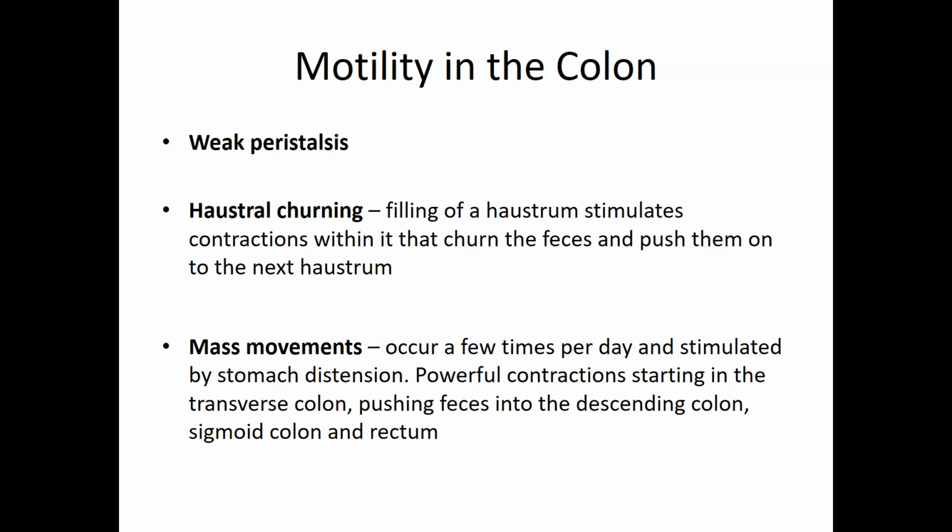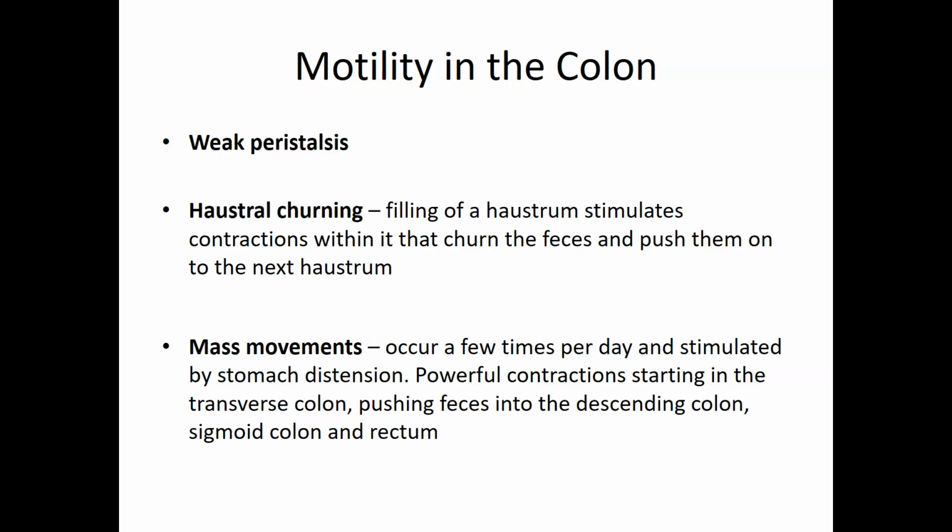That churns the contents, and it ends up eventually pushing the contents onto the next haustrum. The other type of motility is what's called mass movements, and this is a very powerful type of motility. Mass movement happens basically in response to filling of the stomach.